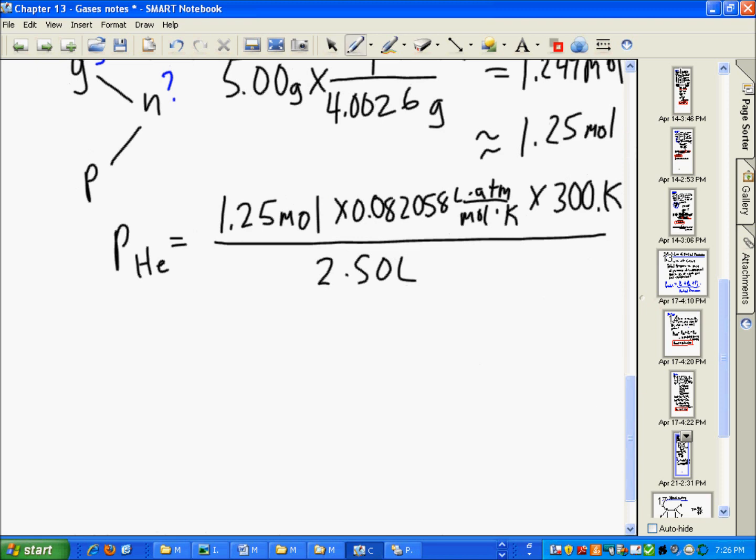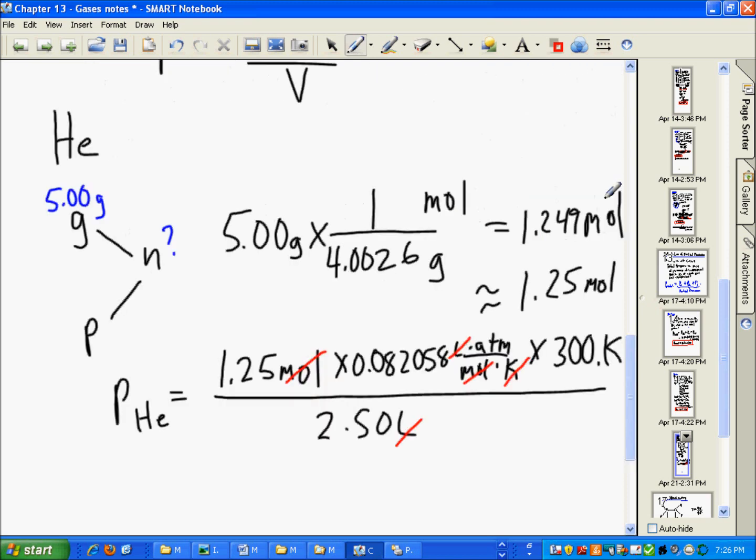Checking our units, moles cancel, liters cancel, Kelvins cancel, leaving us with atm.